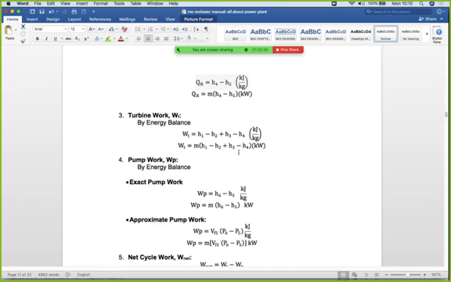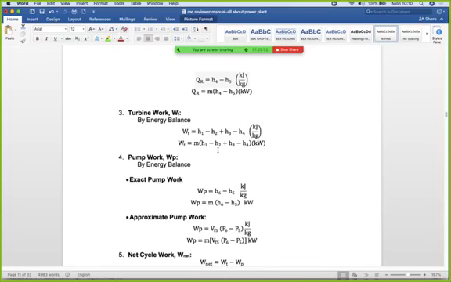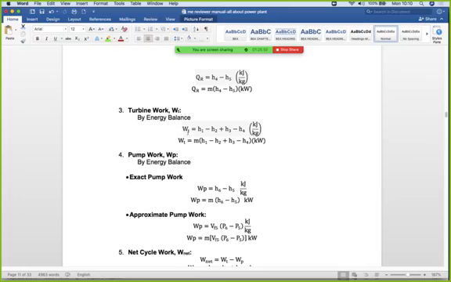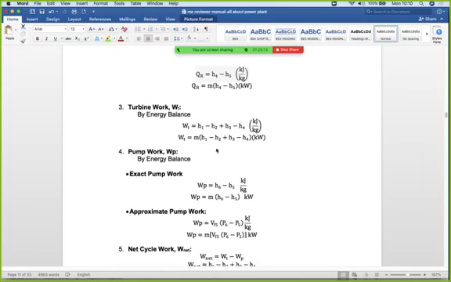So same thing with the boiler or steam power plant. The steam turbine will increase energy due to the steam turbine work and the reheater work. H3 minus H4 is due to the turbine, or the boiler itself.